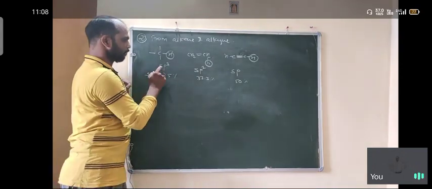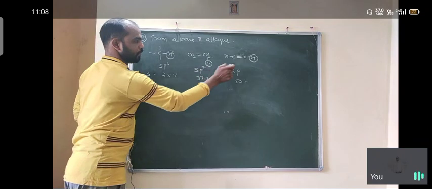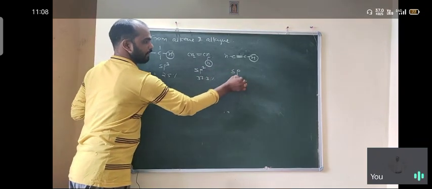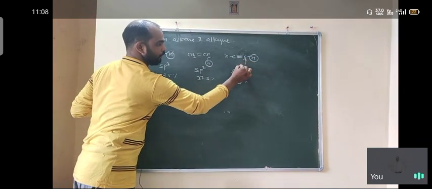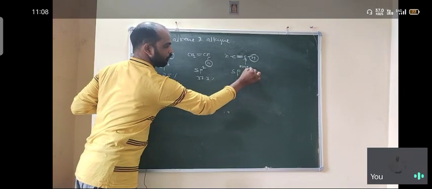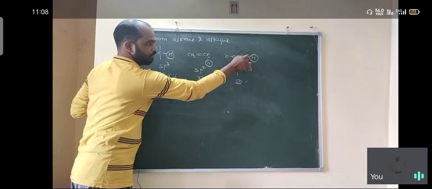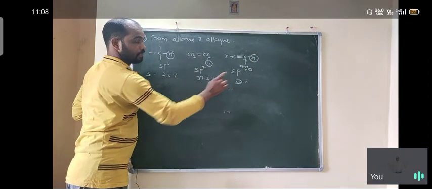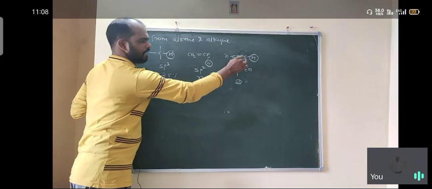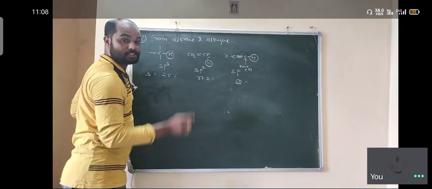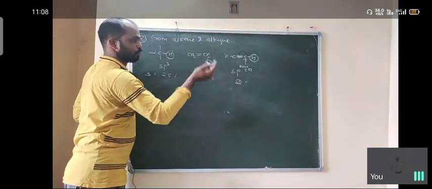So compared to sp3 and sp2, sp has more s character. That's why this carbon has more electronegativity. Due to this, there is a polarization of the C-H bond. That means alkynes easily lose this proton, with formation of a carbanion.